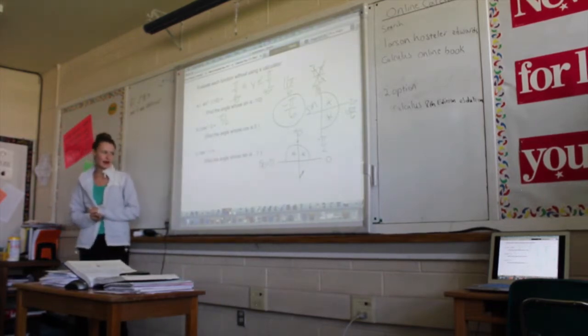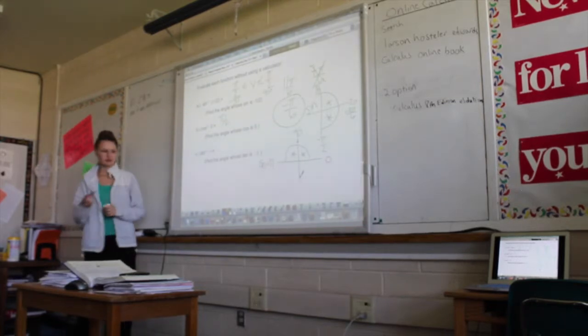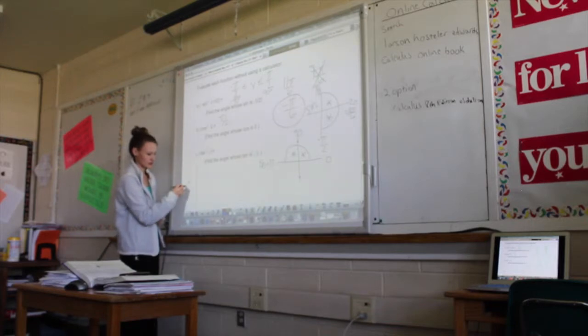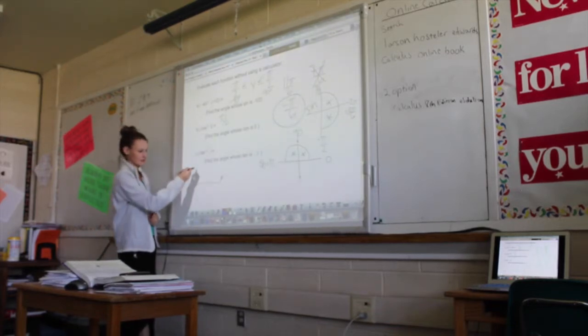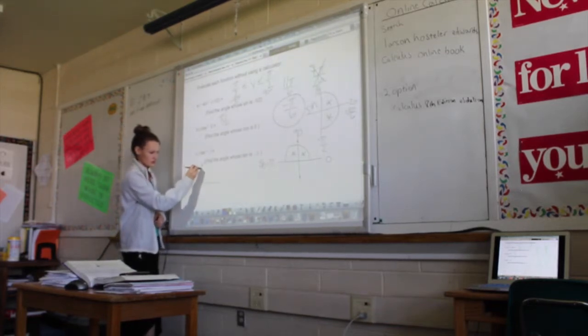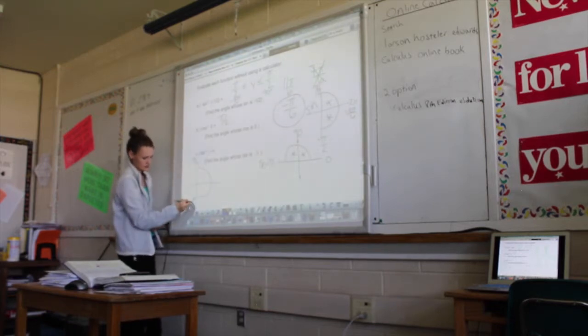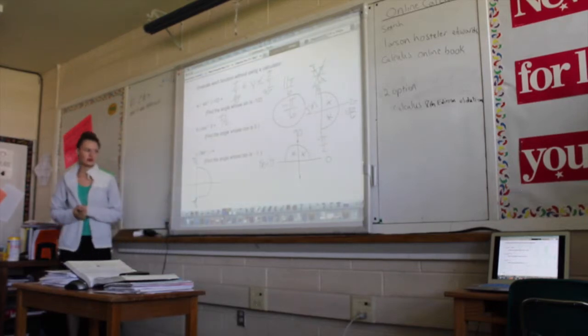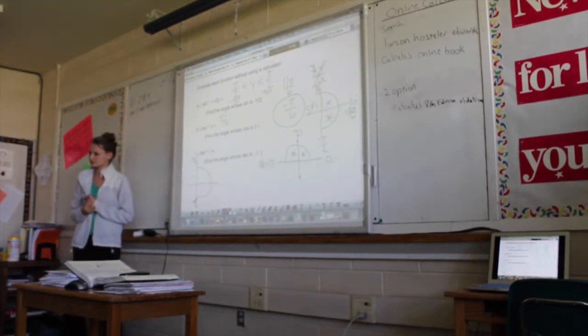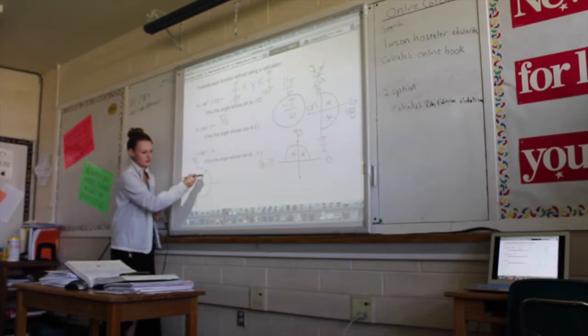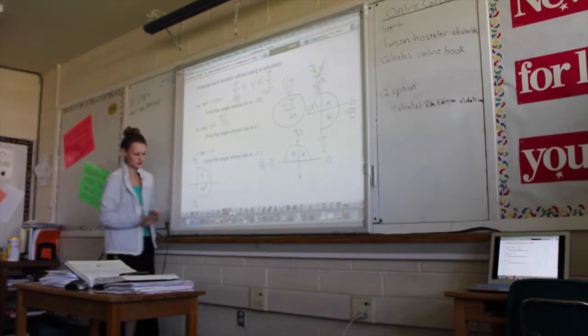So where the tangent is root 3. So your tangent range is the same as your sine range. Tan is the same as sine. So it's in your first and fourth quadrants.